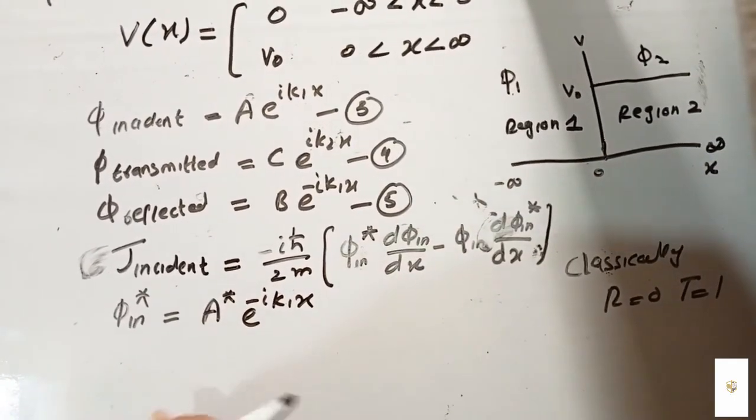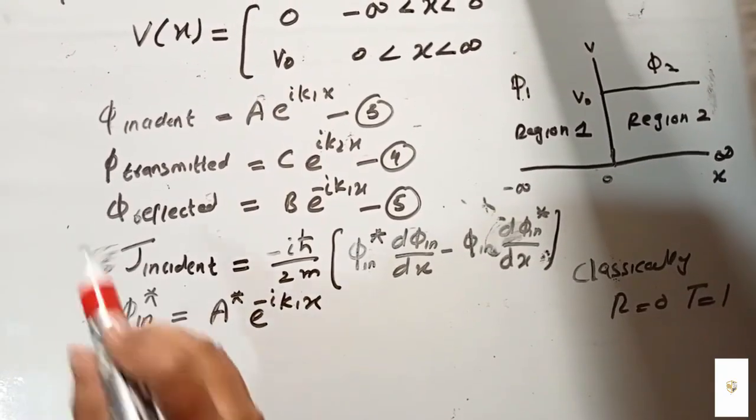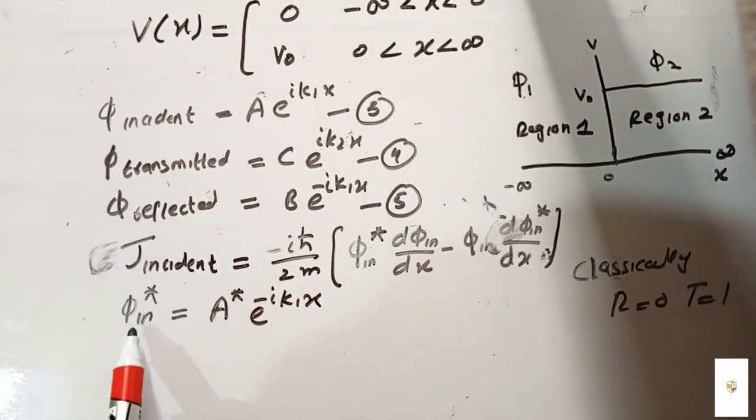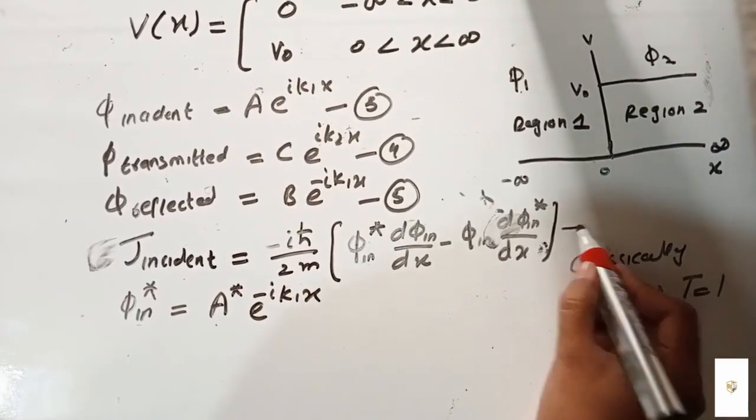Now put the values of phi incident and phi incident star in equation 6.